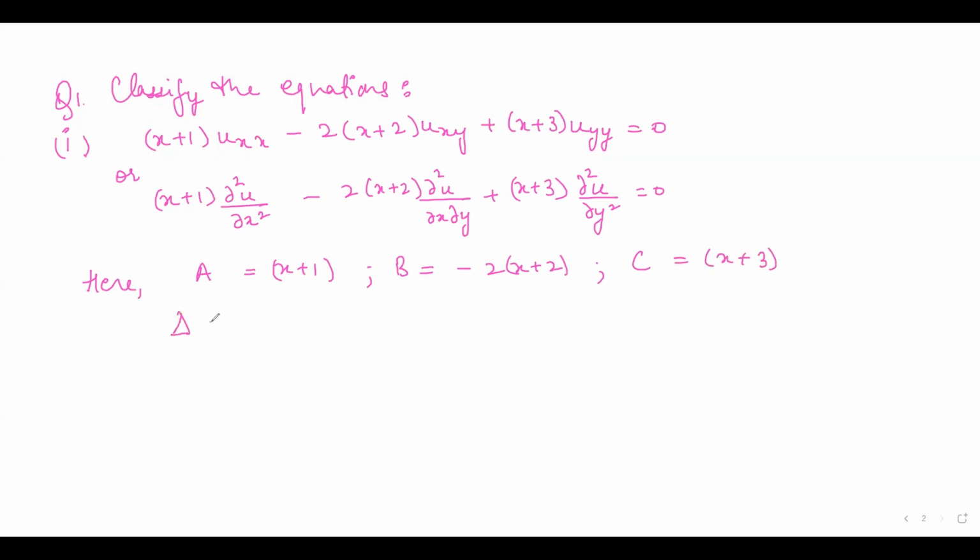Now the discriminant: B square minus 4 times AC. You just need to open the brackets and let's see what we get. 4 times x plus 2 whole square, and let me just solve this.